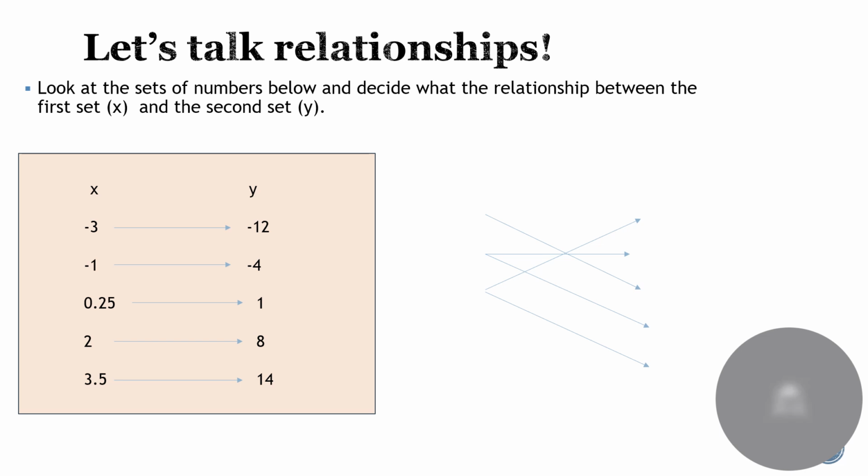And then the arrows indicate how those numbers are related to each other. So a -3 for the X would pair with a -12 for the Y. -1 for the X pairs with a -4. So take a moment and pause the video if you need to, and think about what is the relationship between the set of numbers X and the set of numbers Y.